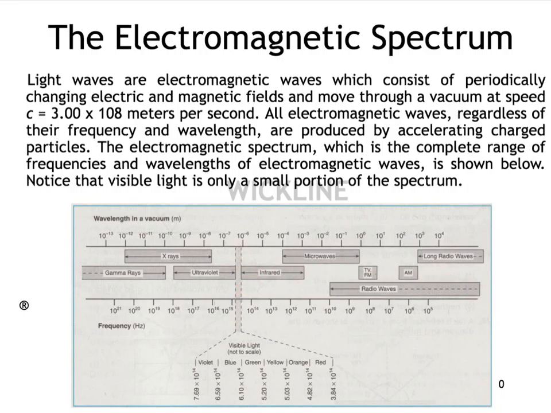Most of the spectrum lies to the right and left of this very narrow band. We expand the bands down here to show the exact frequencies of violet, blue, green, yellow, orange, and red light. But just know that there is a wide range of frequencies and wavelengths for electromagnetic rays, and visible light is a very, very tiny part of that spectrum.